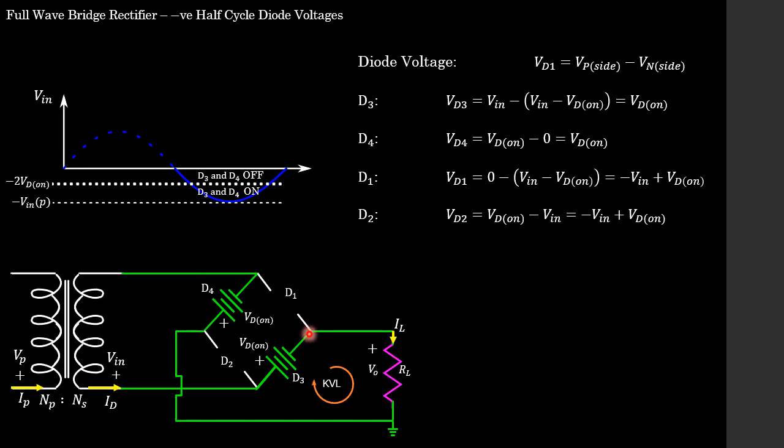That means the voltage across diode D3 is V in minus (V in minus VD on), which gives us VD on. D3 is in fact valid to be on. Again, students, you perform that same analysis with diodes D4, D1 and D2, and you will validate that D1 and D2 are off and D3 and D4 are on during the negative half cycle, but only when our input voltage is greater than 2 times VD on.